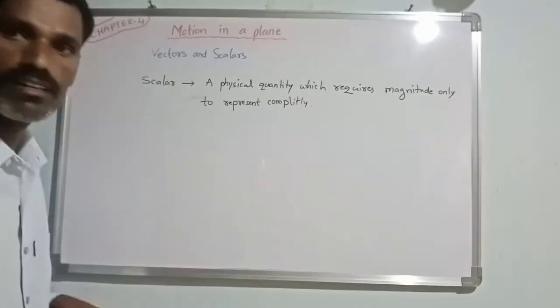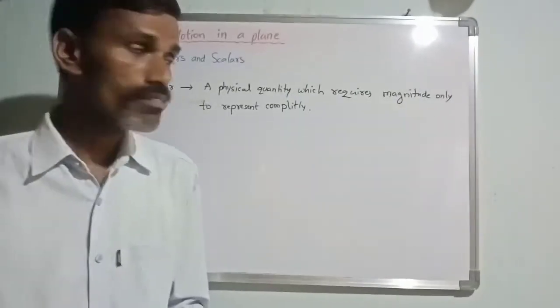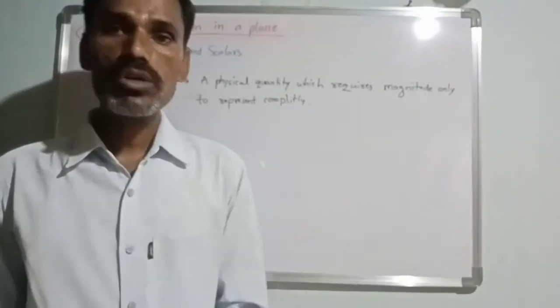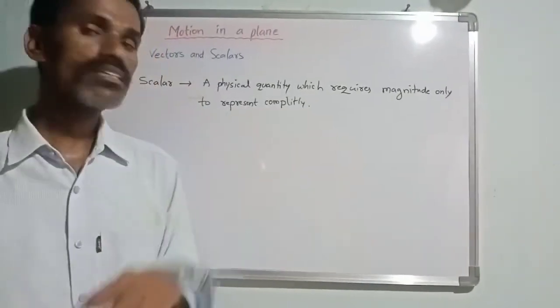So what is a scalar? A scalar is a physical quantity which requires only magnitude to represent completely.